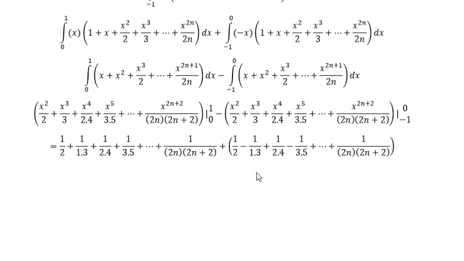Now we sum the two series together. We have 1 over 2 plus 1 over 2, you get 1. We have 1 over 2 over 4 and 1 over 2 over 4. Similar for the next one, that is 1 over 4 multiplied with 6, and we have 2 on the numerator, and so on.